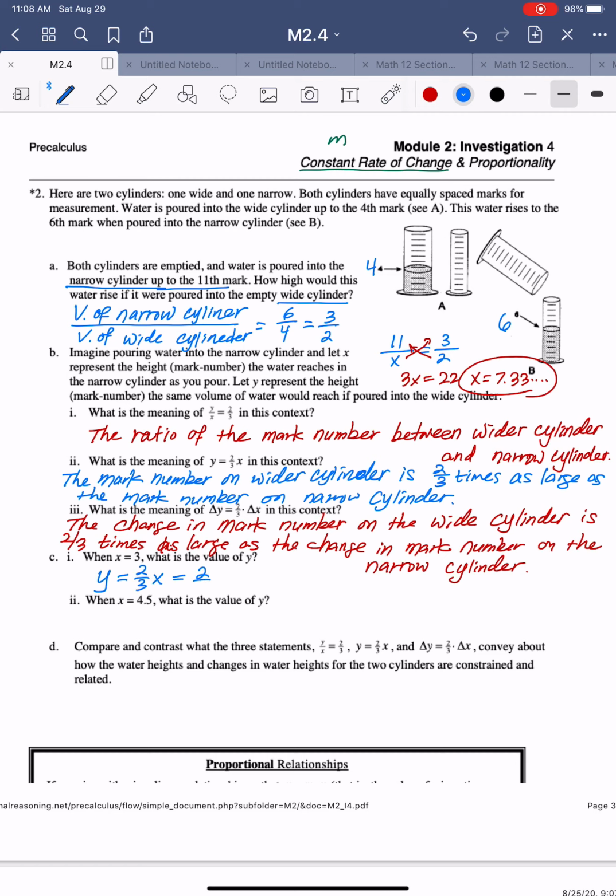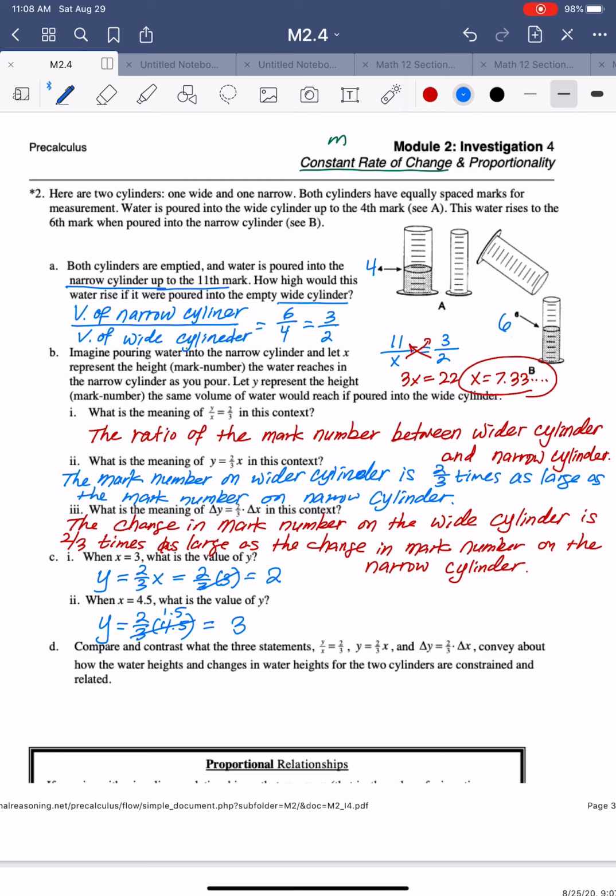Since x is 3, it cancels out, so it's going to be 2. Now, x is 4.5, same equation: 2/3 of 4.5. 3 goes into 4.5 1.5 times, and 1.5 times 2 is going to be 3.